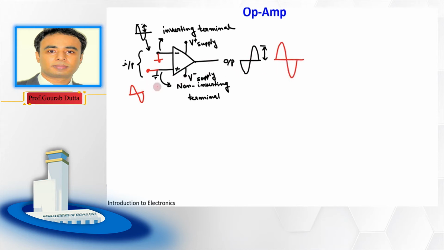So there is no phase difference between this input and this output. This only happens when you apply the signal at the non-inverting terminal. Is that clear to you? Okay.